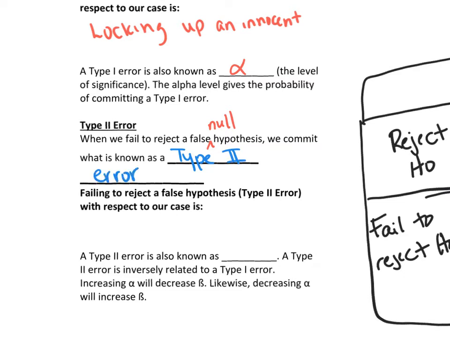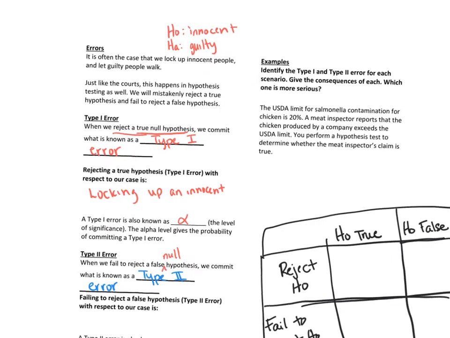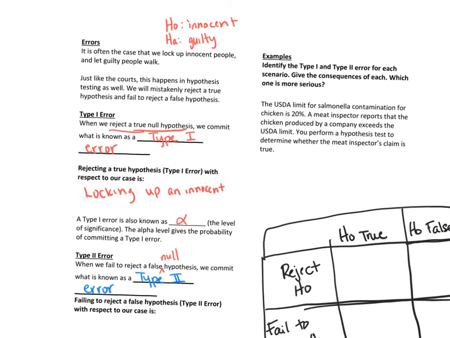And again, that would be a false null. We'll come back up here again. If a null is false, remember in the court case, your null is that the person is innocent. If that null is really false, it means that this person is really guilty. But you fail to reject their innocence. That's what you're doing. You're failing to reject the fact that they're innocent.